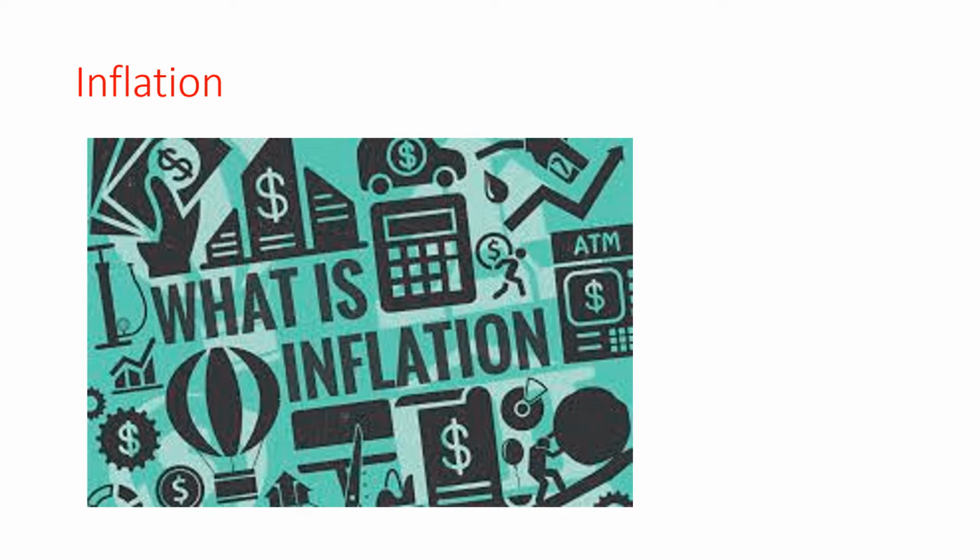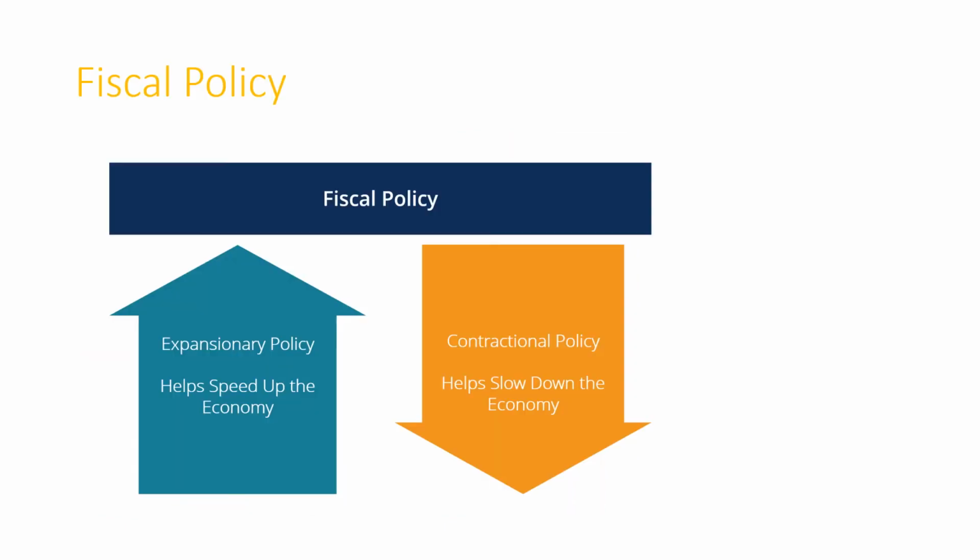Then comes fiscal policy. Fiscal policy basically outlines the estimated taxation and government spending and serves as a key instrument to monitor the country's economic position. The fiscal policy denotes adjustment in the spending level and tax rates and also refers to the use of government spending and tax policies to influence economic conditions, especially aggregate demand for goods and services, employment, inflation, and economic growth.